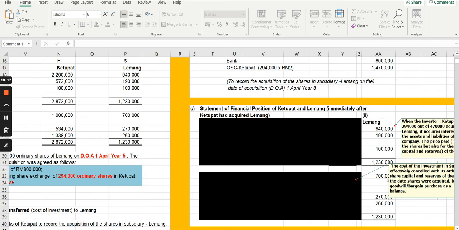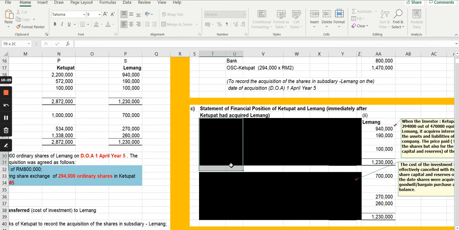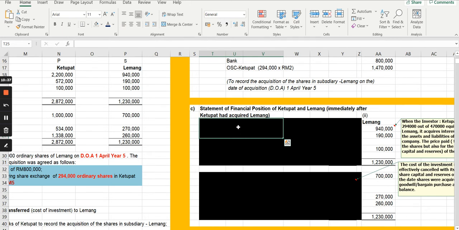We are now looking at what you have in the books of Ketupat. So therefore the asset here would be the same. I just open it for you.